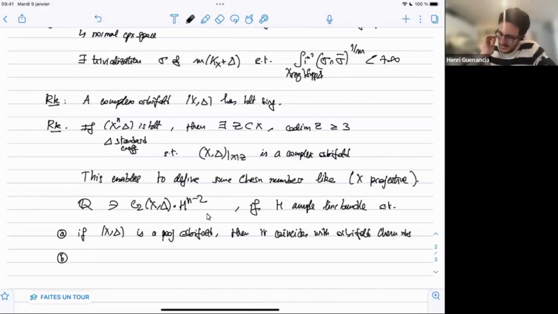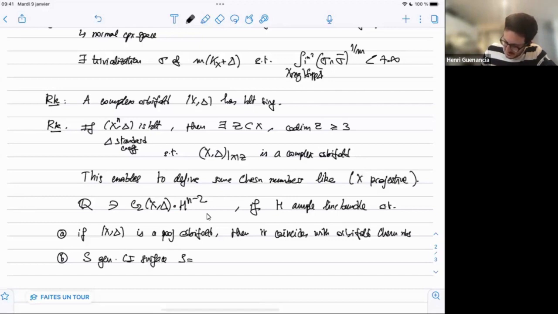B is that you have a restriction. So if you have S, a general complete intersection surface, S is H1, ..., H(n-2), and the Hi are general. You can assume H is very ample if you want.